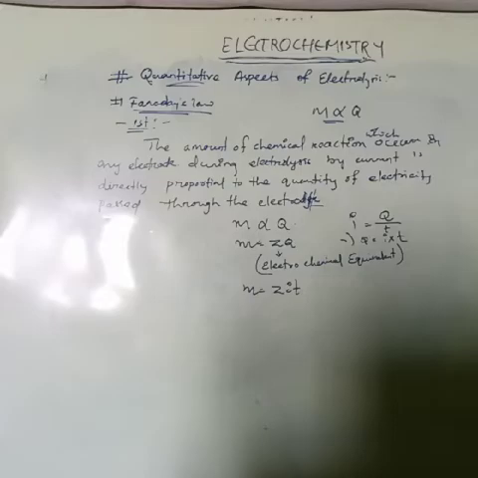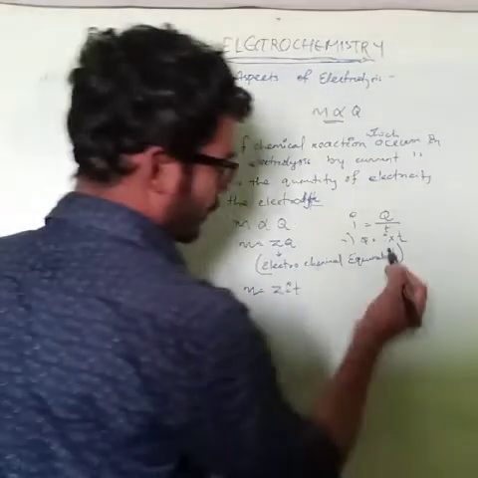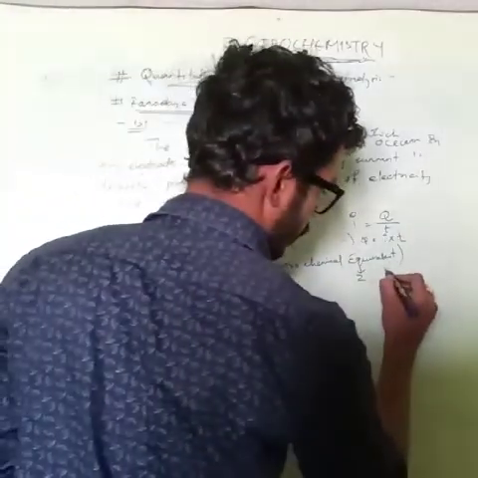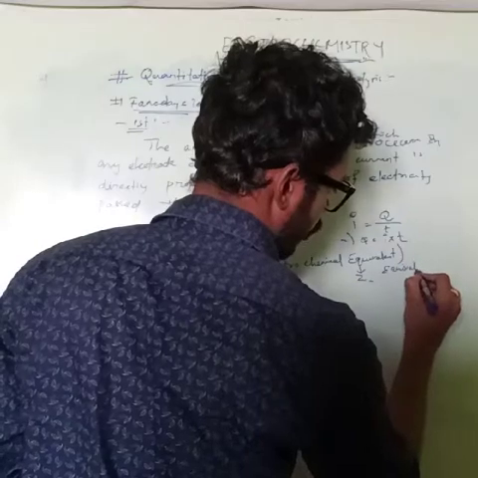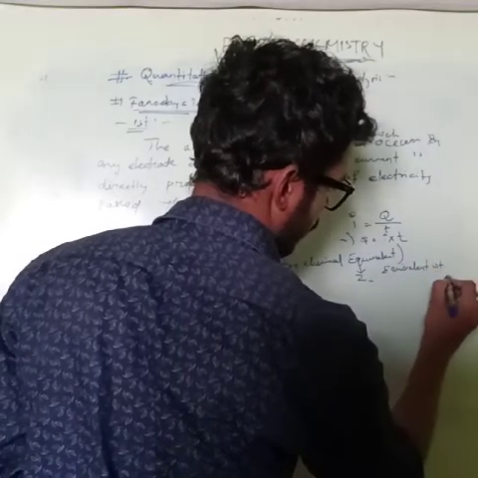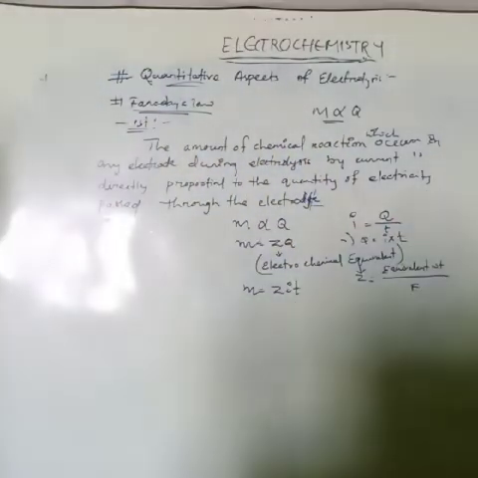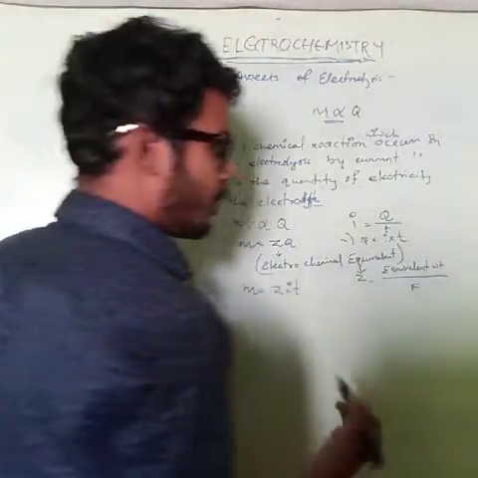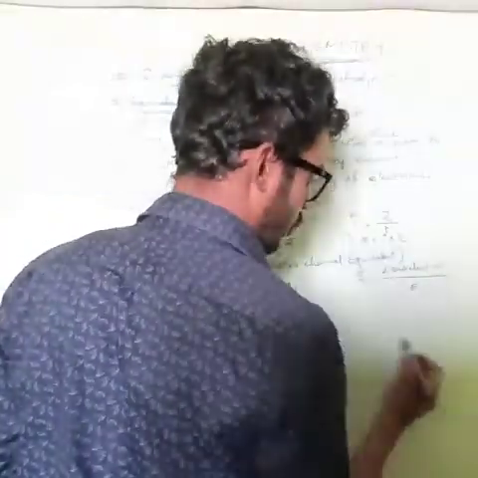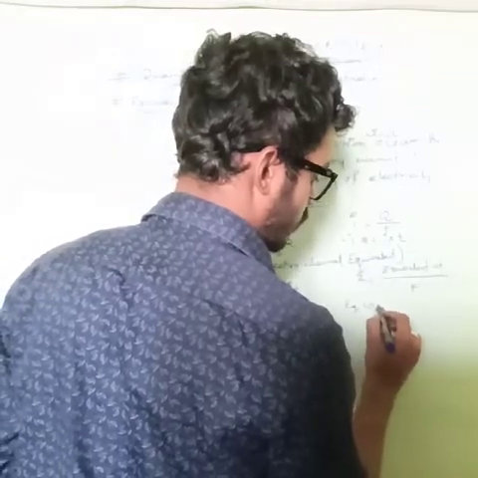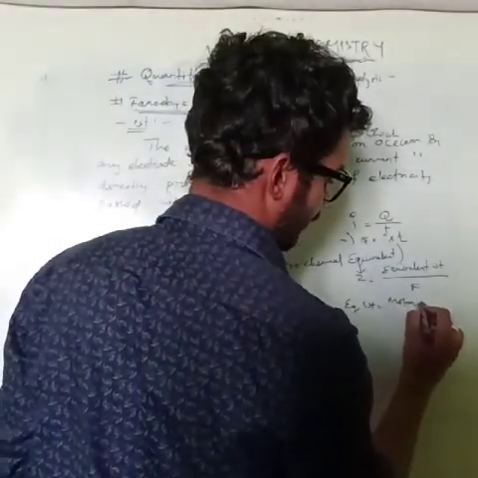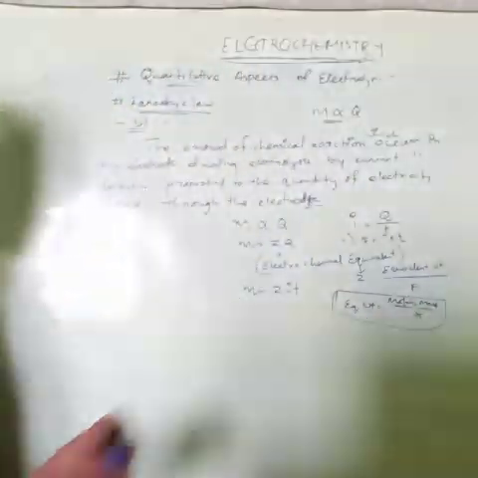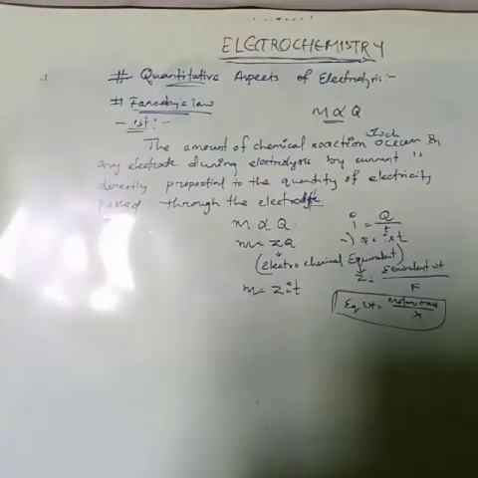So this electrochemical equivalent, Z, is also calculated as equivalent weight by Faraday. In the last video I told you how to calculate equivalent weight. Equivalent weight is equal to molar mass by X, where X may be the acidity or basicity, or for a salt you consider the cations.